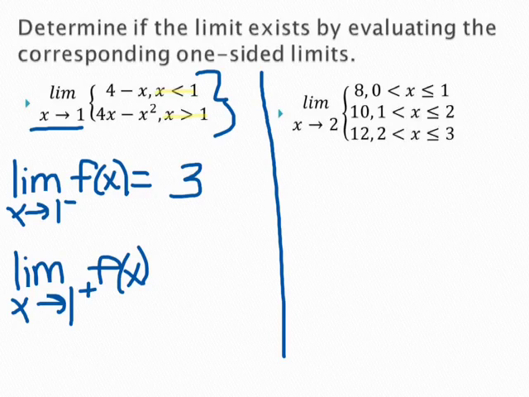So if we use direct substitution with the parabola, we get 4 times 1 minus 1 squared, which is also 3. Since our right hand and left hand limits are the same, then we can say that our limit is that value, which is 3.